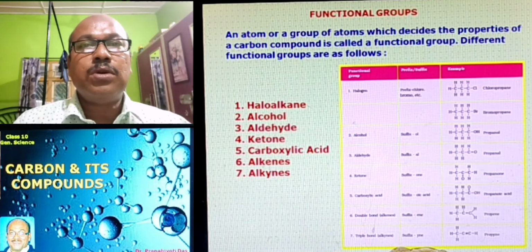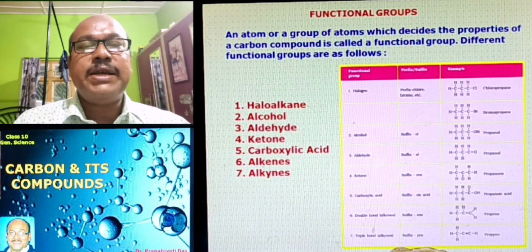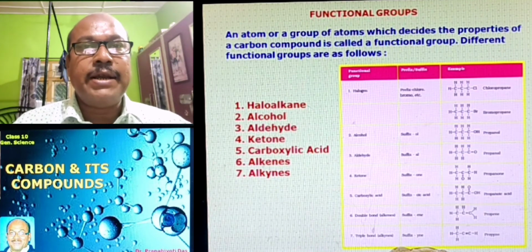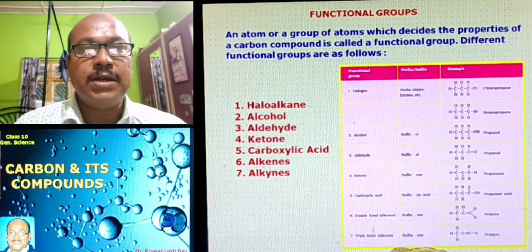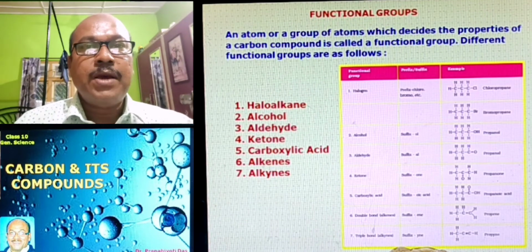If a carboxylic acid is added to any hydrocarbon chain, then the name will be given by adding a suffix, that is oic acid. For example, after ethane, if carboxylic acid is joining, it will become ethanoic acid. Propane will become propanoic acid, butane will become butanoic acid, etc.